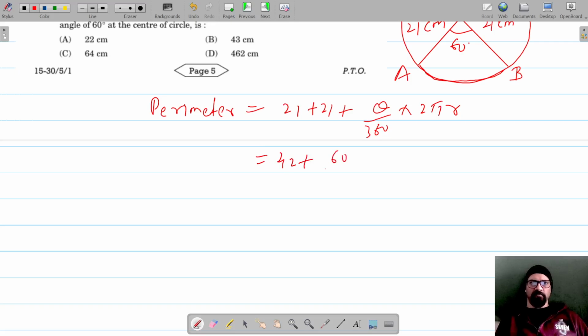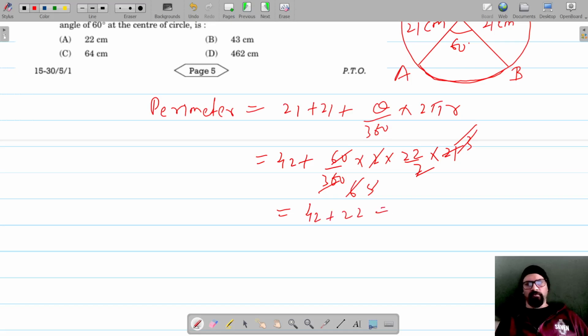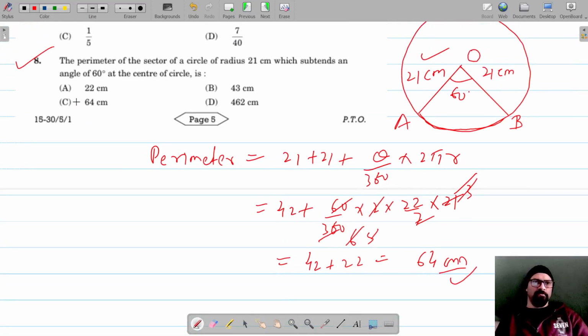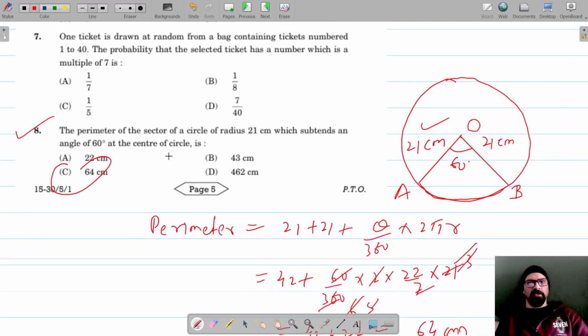Theta is the central angle, which is 60, into 2 into pi is 22 by 7, and radius is 21. So 7 threes are 21, 6 and 2 threes are 6, they get cancelled. Now we are left with 42 plus 22, so this is 64 centimeters. So 64 centimeters, that is option C, is the correct answer for this.